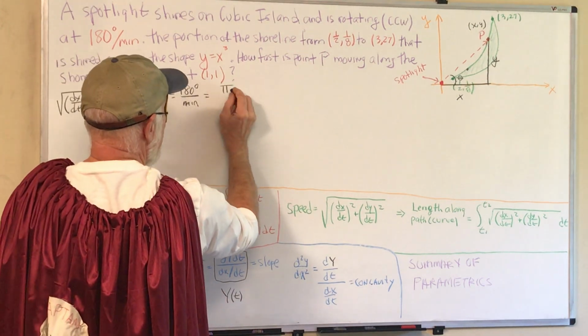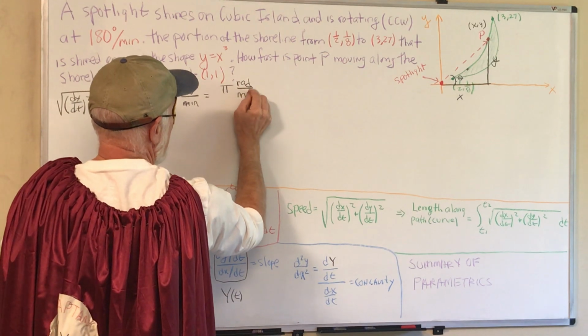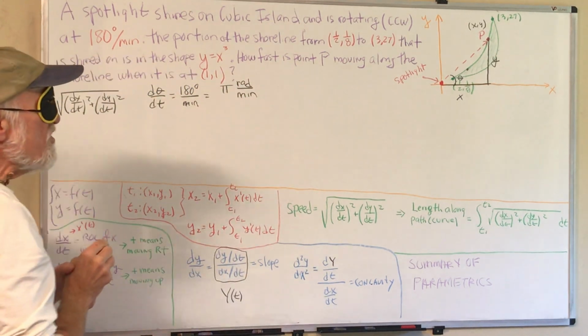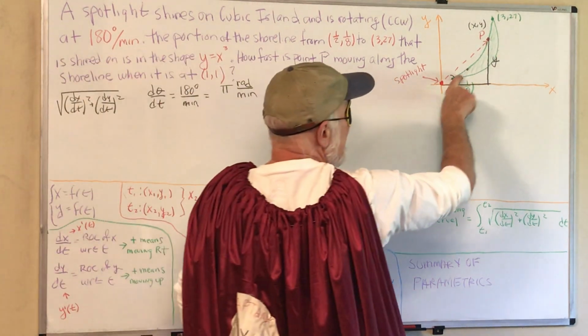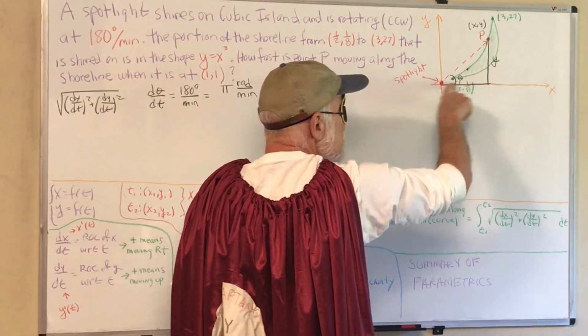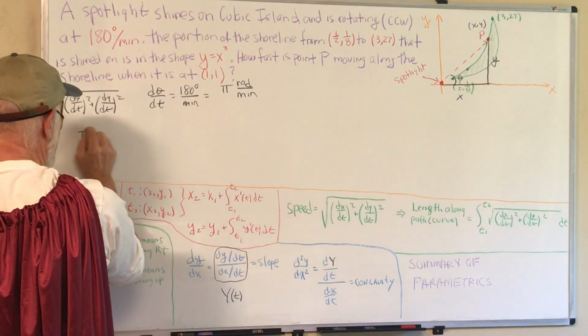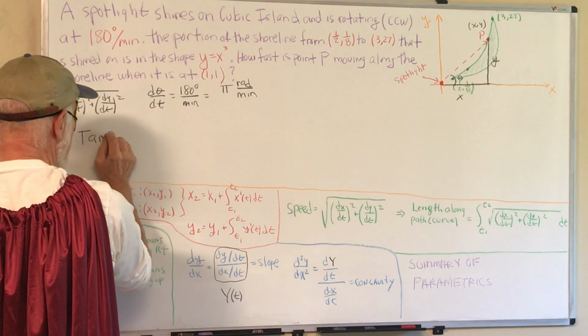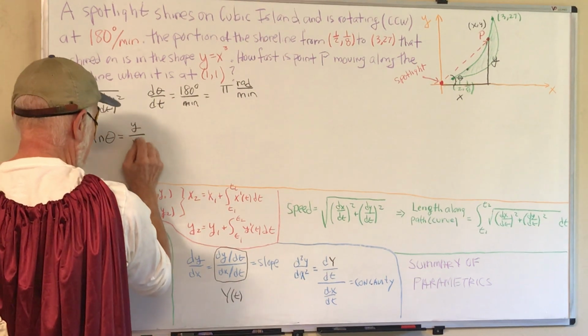So this is pi radians per minute. So what's the relationship that we have? Well, if we want to use theta and the opposite and the adjacent, we're going to use the tangent. So we say the tangent of theta is y over x.